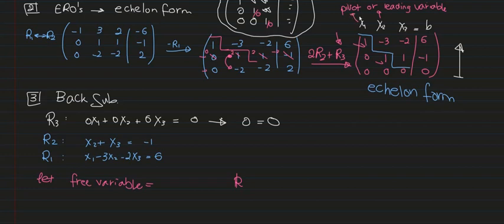Leading for what? Leading for the solution of that system of 3 equations. The third main diagonal element is 0, which means that x3 is not a pivot. It's a free variable instead.